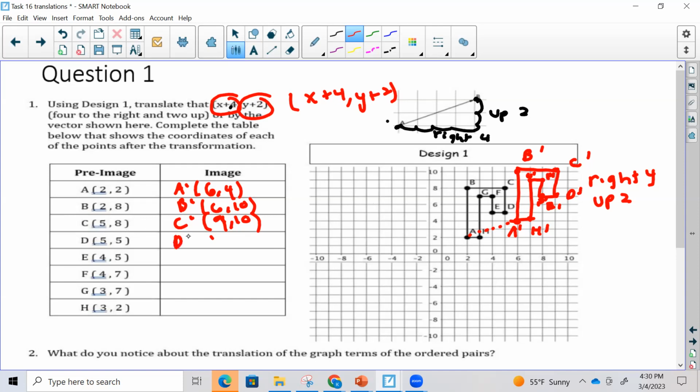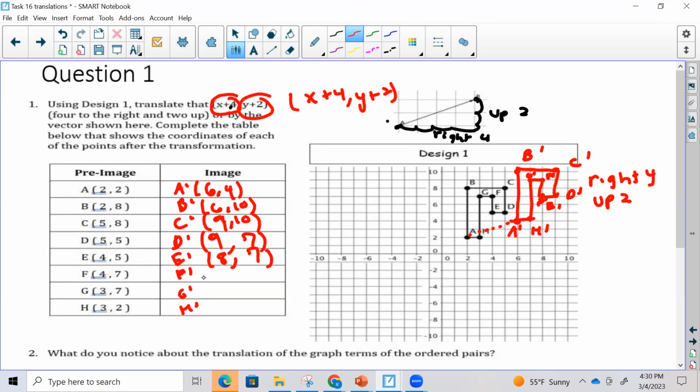So if I don't want to have to look at the graph, I can just say, okay, I'm going to add 4 to the X coordinate. So 5 plus 4 is 9. And I'm going to add 2 to the Y coordinate. 5 plus 2 is 7. And then I'm going to do the same thing for E prime, F prime, G prime, H prime. Okay, so 4 plus 4 is 8. And then 5 plus 2 is 7.